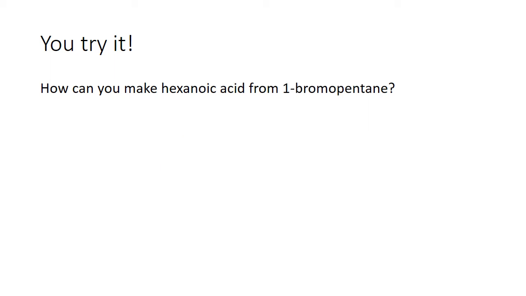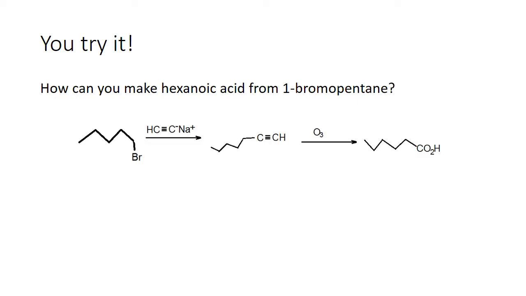How can you make hexanoic acid from 1-bromopentane? Well, right off the bat, you should see pentane is 5 carbons and hexanoic acid is 6. So we're going to have to get another carbon on there somehow. Let's go ahead, and 1-bromopentane can be treated with an alkyne anion.